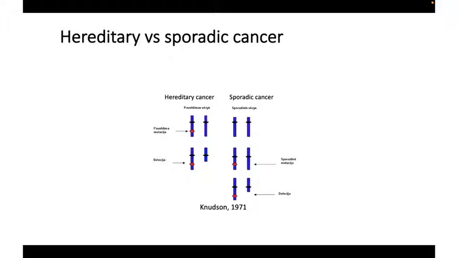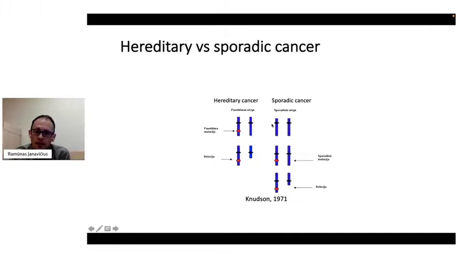He derived that model after studying retinoblastoma tumor. However, it can be applied in all cancers. So here we can see chromosomes as vertical bars.